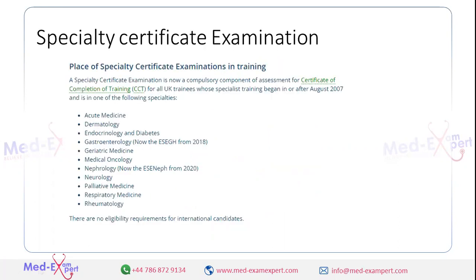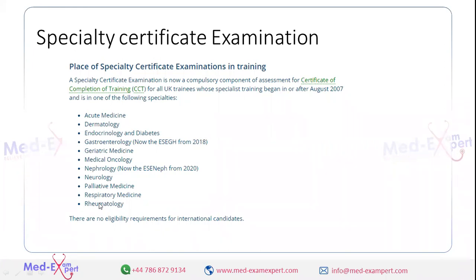These are the steps. Once you clear PACES, you get the membership of the Royal College of Physicians. Then if you're keen to do a specialty certificate examination, you can do it even before doing MRCP. You can get a certificate in all these specialties after your MD medicine. It's just an MCQ exam, with a 3-hour session in the morning and a 3-hour session in the afternoon.